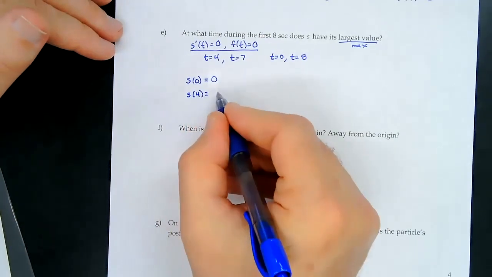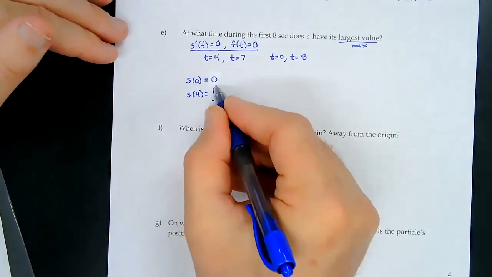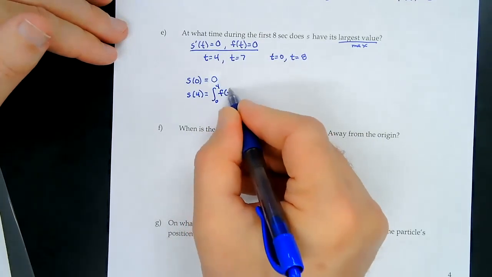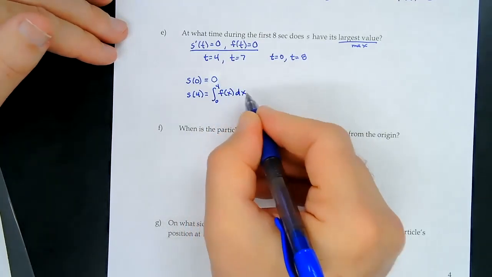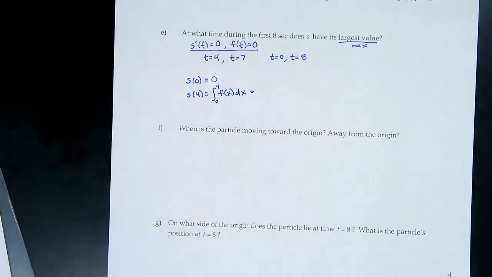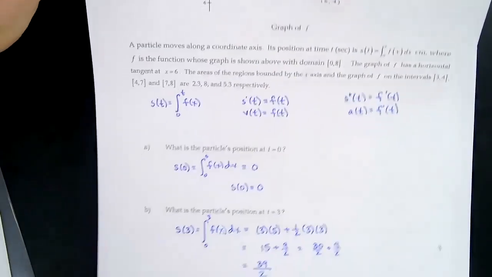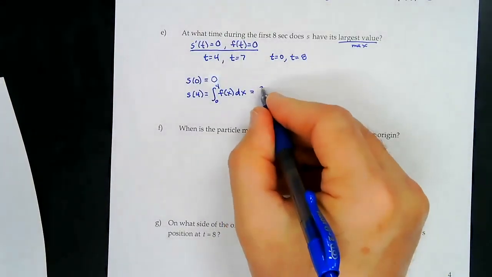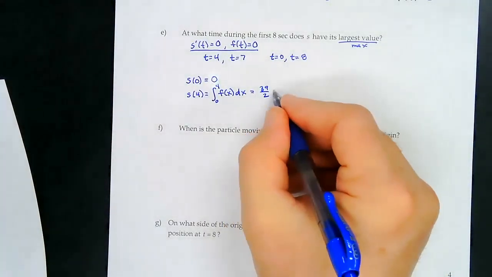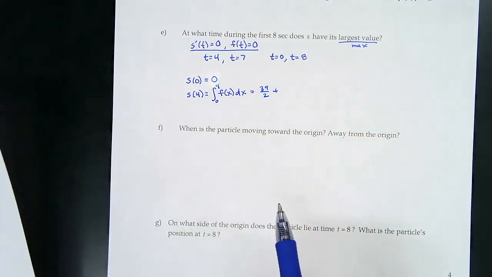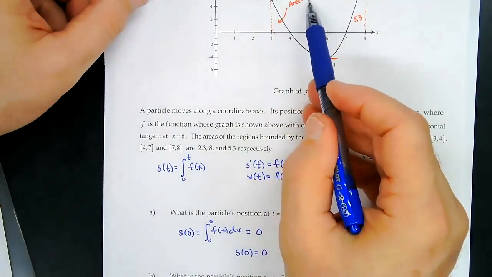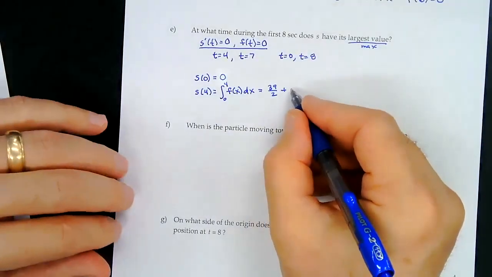So s of 4 is equal to the integral from 0 to 4 of f of x dx. Well, I know 0 to 3 is this 39 halves. So I can just take that 39 halves, and add to it the part from 3 to 4. From 3 to 4, I know that area is 2.3. So plus 2.3.